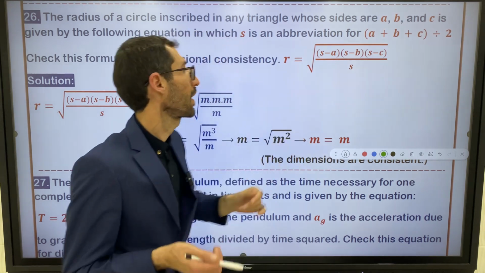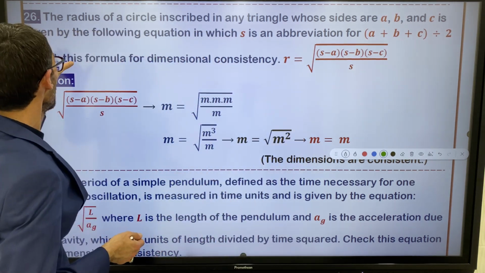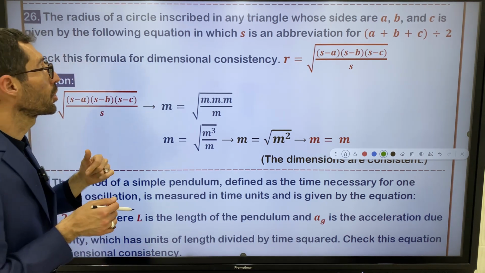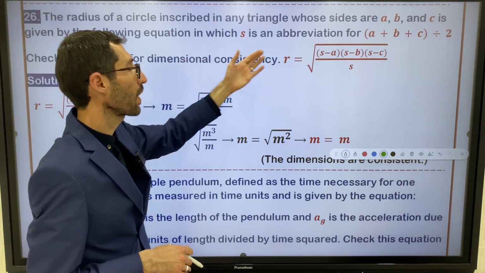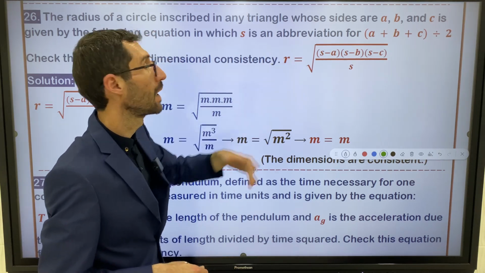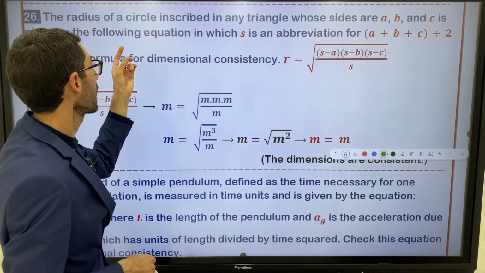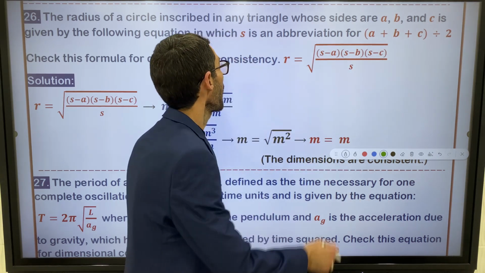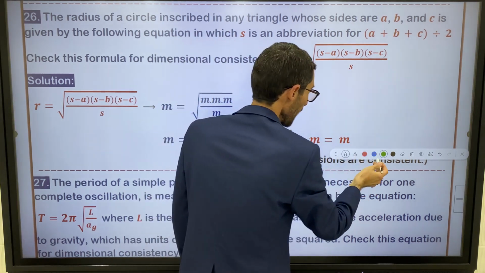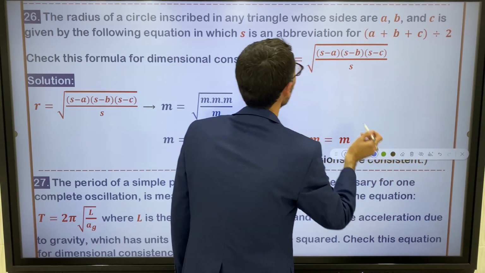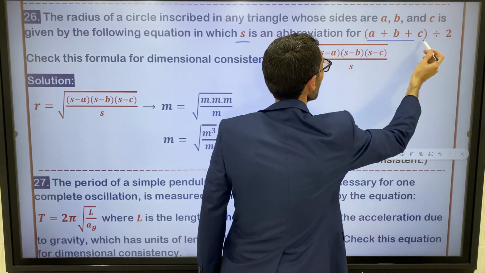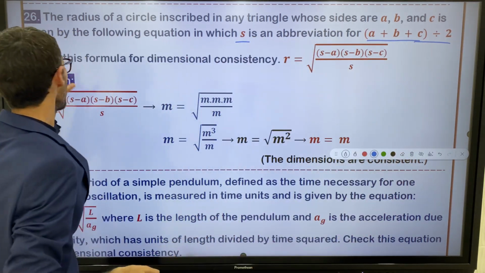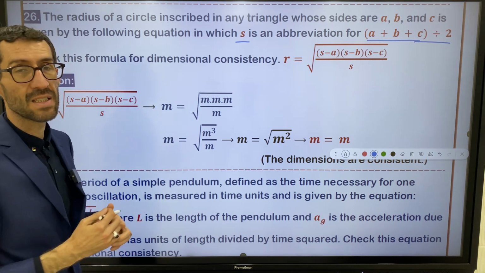So I have a triangle with sides A, B, and C. We have an equation for finding the radius, in which S is an abbreviation for A plus B plus C divided by 2. Check this formula for dimensional consistency.